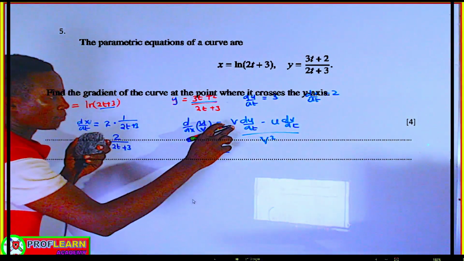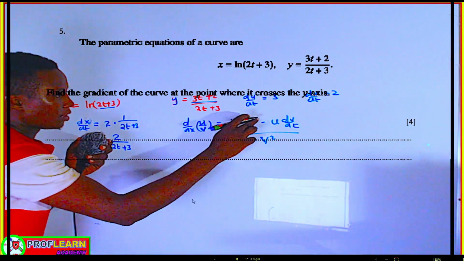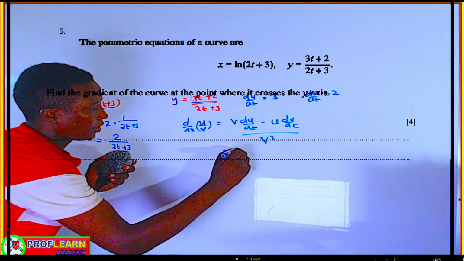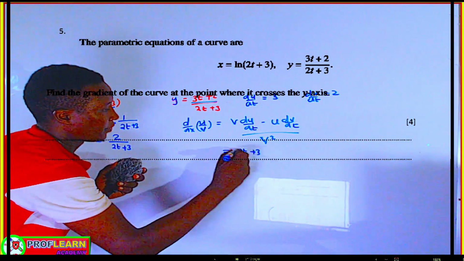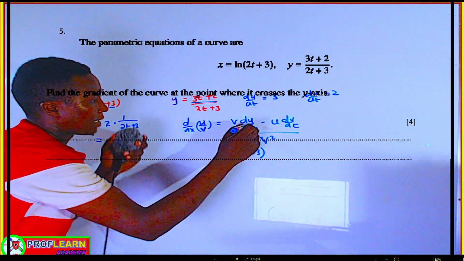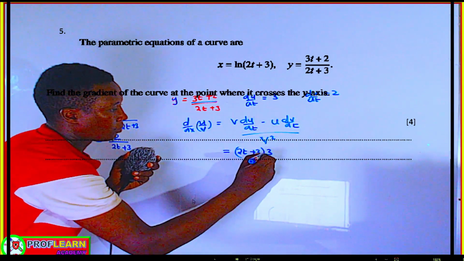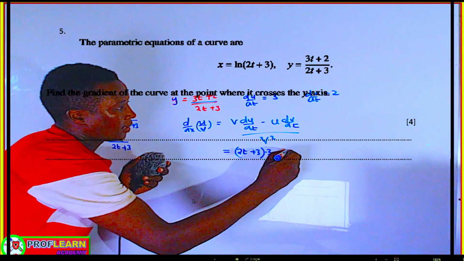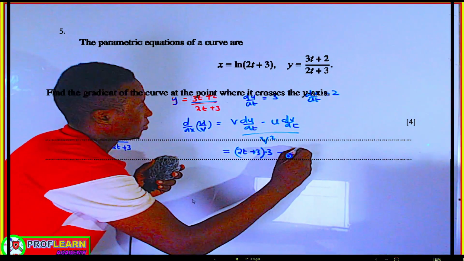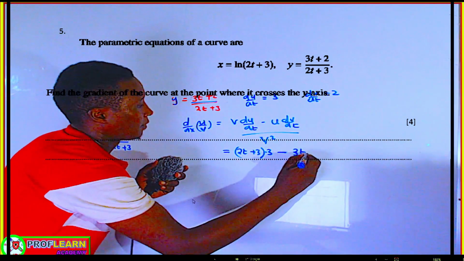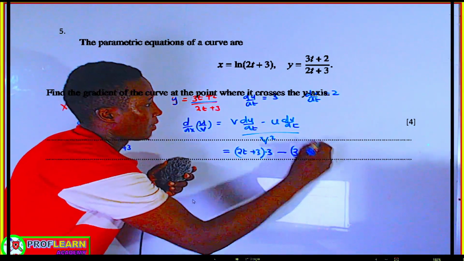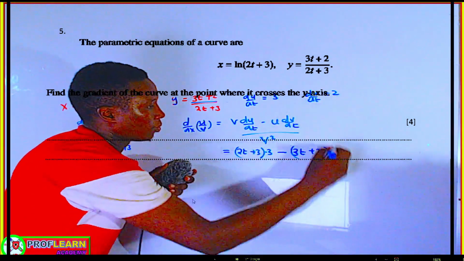So this is going to be v du/dt. Our v is 2t plus 3 times du/dt, which is going to be 3. Then minus our u, which is 3t plus 2, times dv/dt, which is 2.